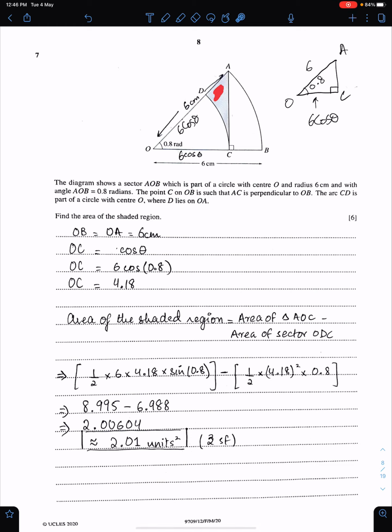For this area, we first need to work out this length, because this is the radius of this small sector, and for that we need to consider this triangle. We have the hypotenuse and this angle, so we can easily get this length. This is 6 cos 0.8.